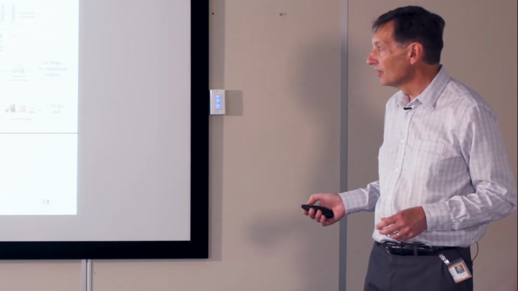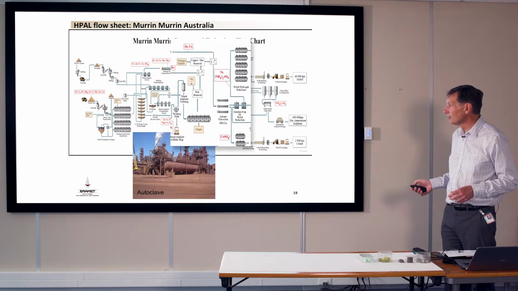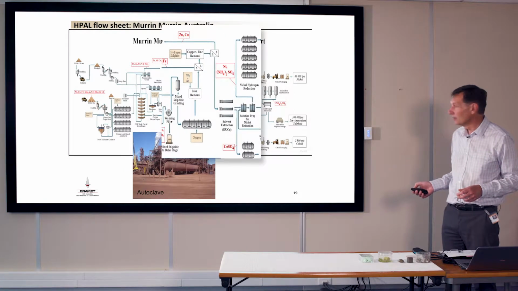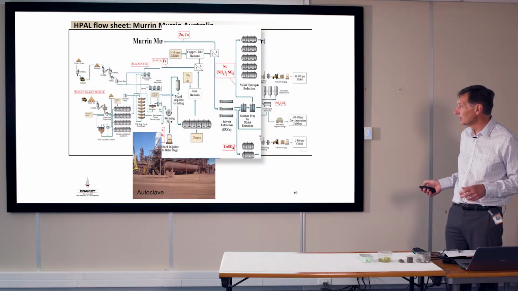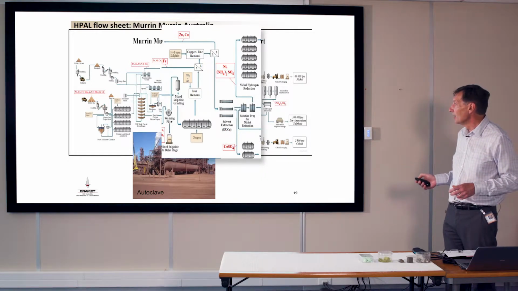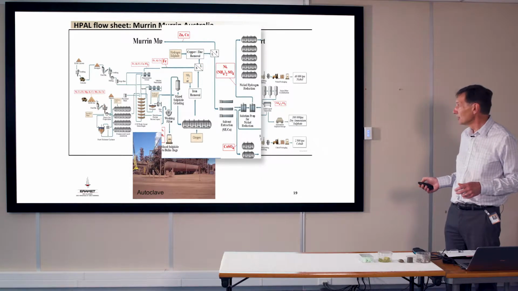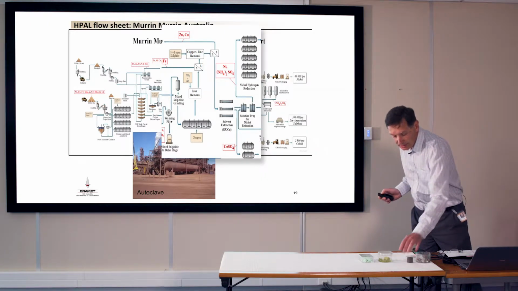And the nickel sulfide you can either sell, or you can treat it, redissolve the nickel in an autoclave, purify the solution, and recover the nickel by hydrogen reduction in another autoclave, producing nickel pellets.